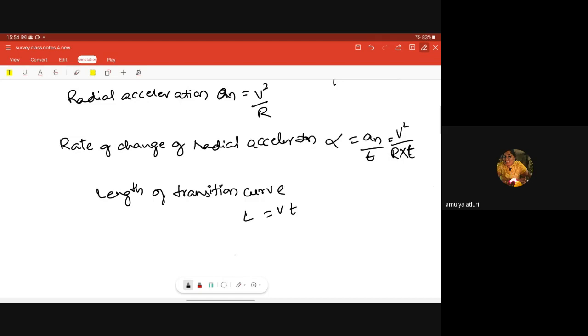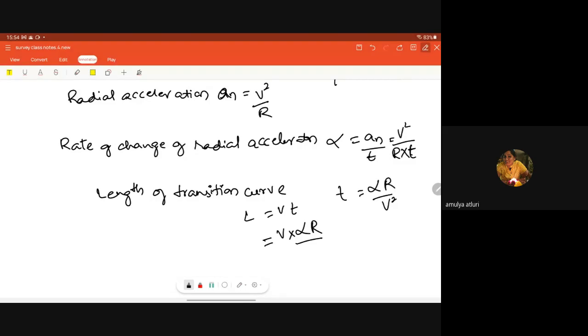So let's substitute here, t is equal to v square by r alpha, right?